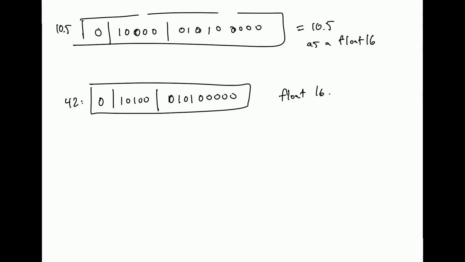If we were to add these two numbers together, then obviously we should expect the answer to be 52.5. Now, what can happen when you add two floating point numbers, particularly if there are lots of ones at the far end of the mantissa, is that you might lose precision in your answer.